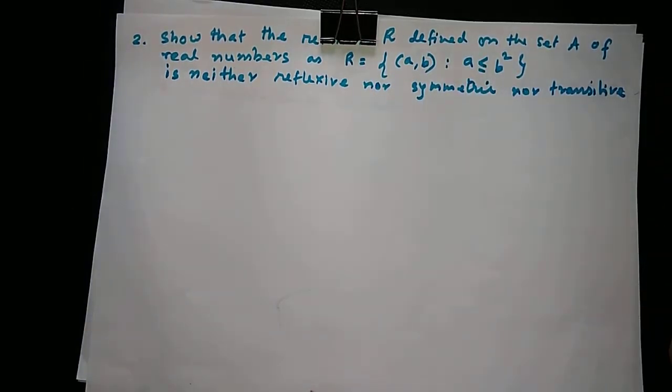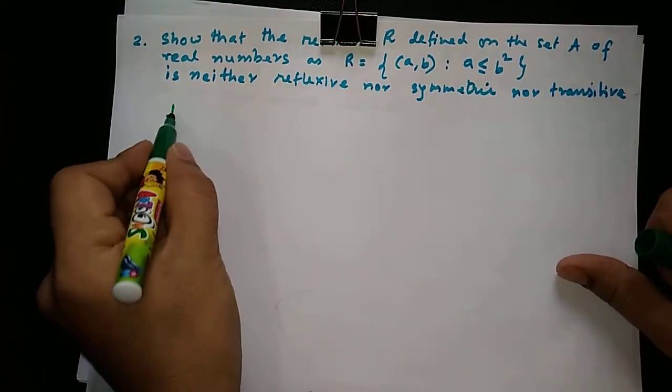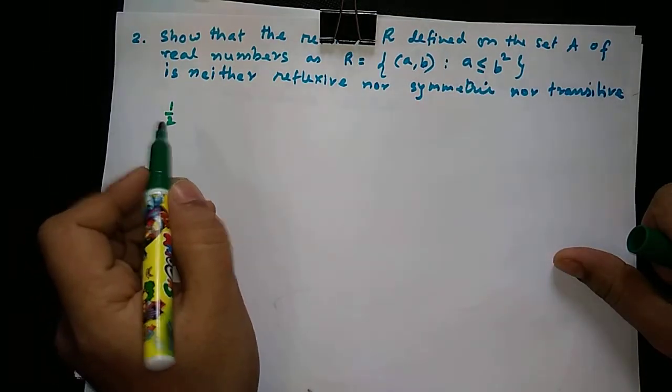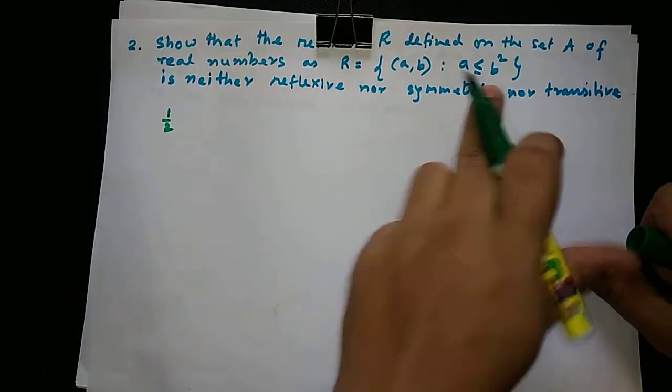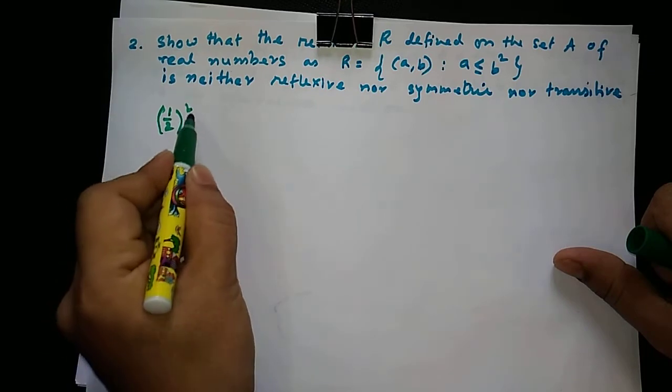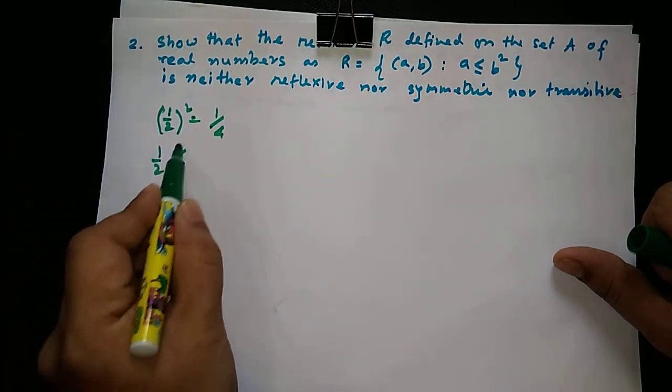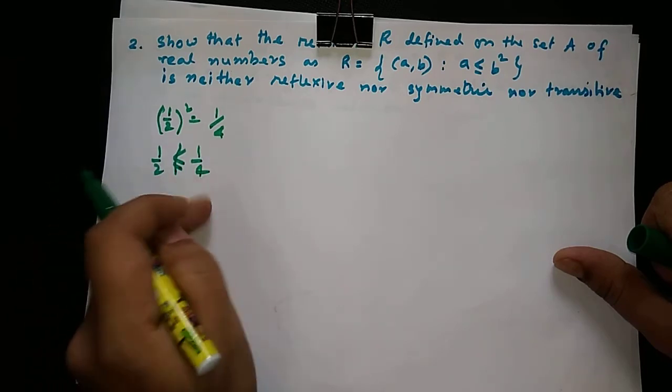But if I take my number between 0 and 1, say half, then half will not be related to half, because half is not less than its square. The square of half is 1 by 4, and half is not less than or equal to 1 by 4. In fact, half is greater than 1 by 4.